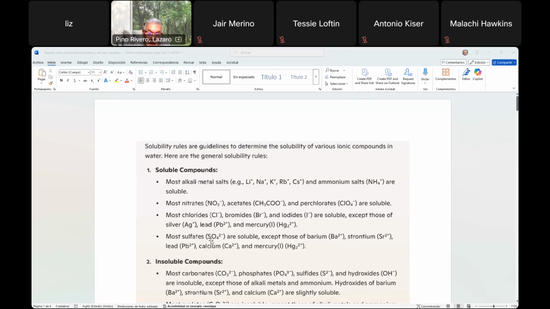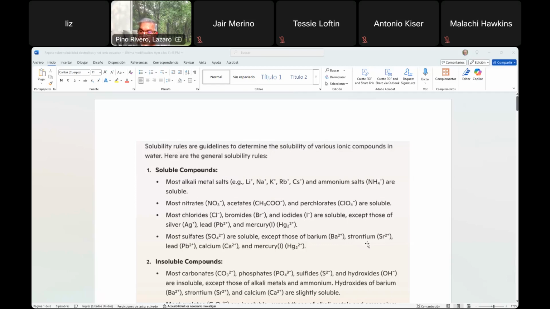Most sulfates are soluble. Oh, but they are not soluble when you have barium, strontium, lead 2, calcium, and mercury 1. With these cations, sulfates are non-soluble, or you can say insoluble.